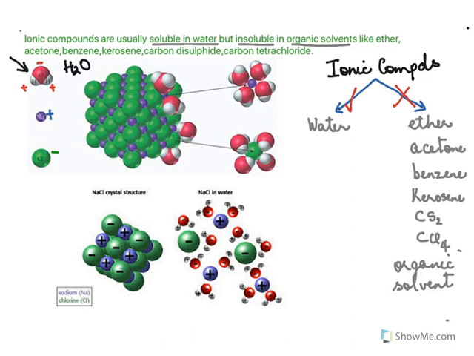So if you notice up here in the first picture, we have a molecule of sodium which is positive, and because the water has got a slight charge, we find the negative oxygen gets attracted to the positive sodium.